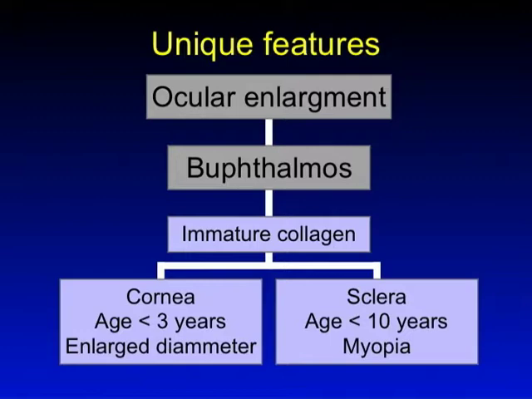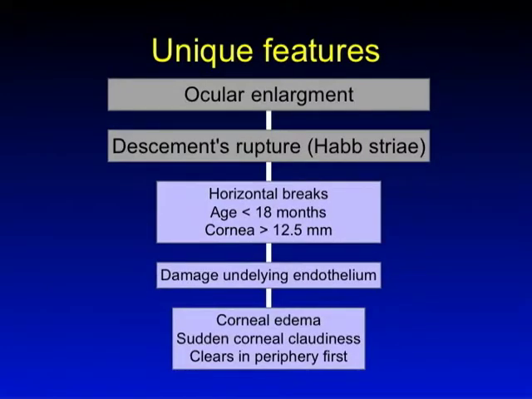So they have buphthalmos, and when the glaucoma happens in the first 3 years of life, you have an enlarged corneal diameter. Later is an axial myopia. So that's number one. Now, due to the pressure and the stretching of the cornea, we have ruptures in the Descemet membrane, have striae that are usually horizontal.